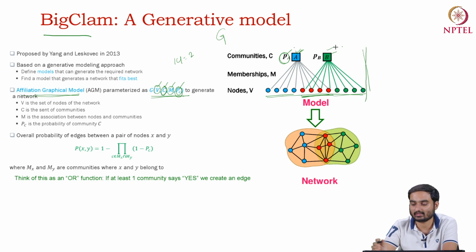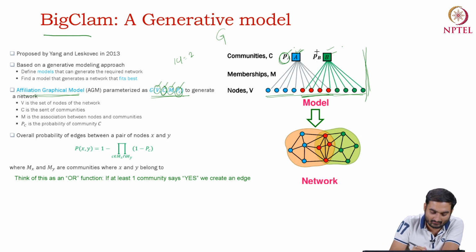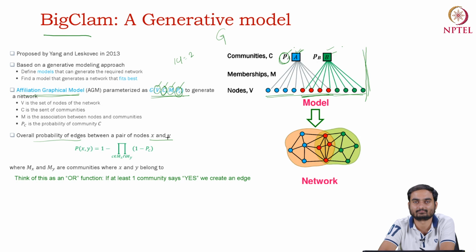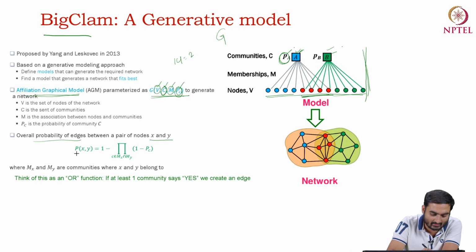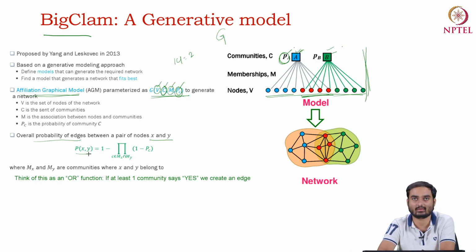Let us assume that you know the structure. I understand that we do not know the communities, but let us assume that you know the communities, and you also know PA and PB. So, now if we know this, what is the probability of existence of an edge between these two nodes X and Y? What is the probability that X and Y are connected via an edge? So, we basically look at all the communities where both X and Y belong.